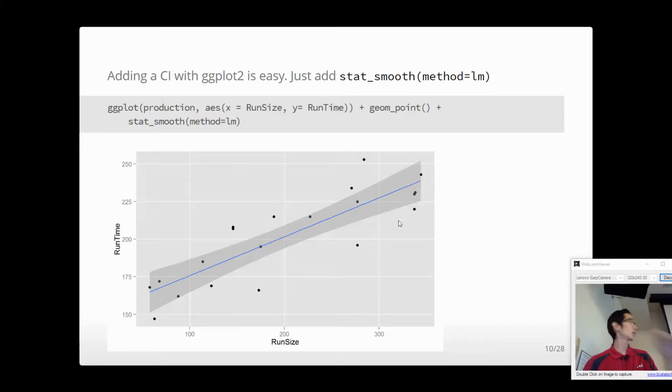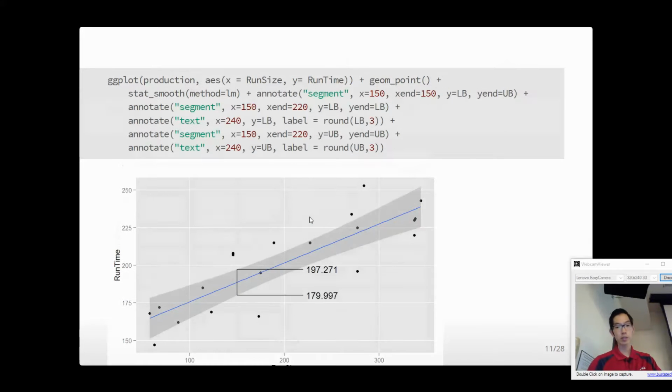And this is what it looks like. And this is just to show that indeed, if I were to graph the points 179.997 and 197.271 at the point 150, we see that that is exactly the width of our confidence interval in ggplot2. I'm not just saying that this is the 95% confidence interval. It really is.